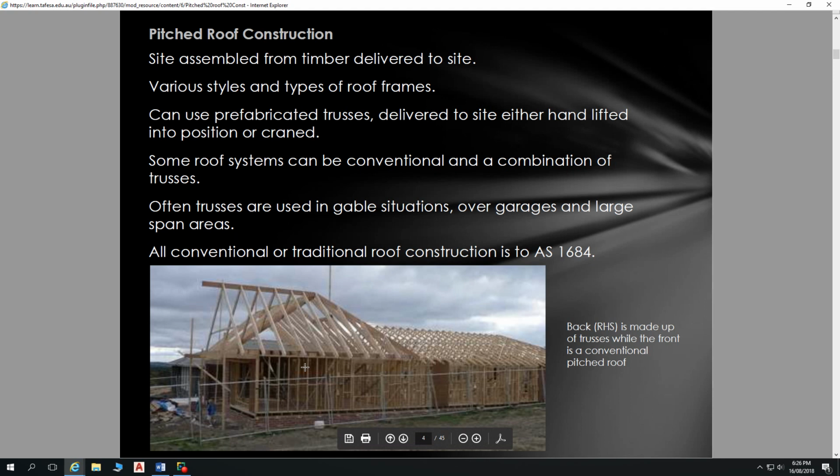Also, it doesn't cover how to design and fabricate trusses. So it covers conventional timber framing. This section of the roof here is covered in trusses, and they will be installed as per AS 4555, installation of timber trusses.